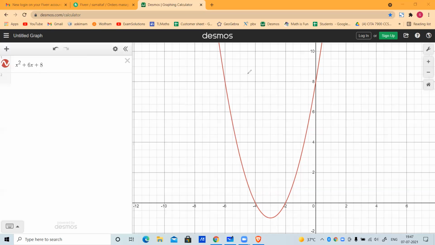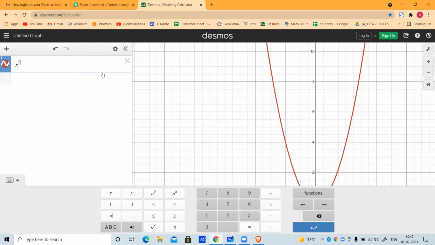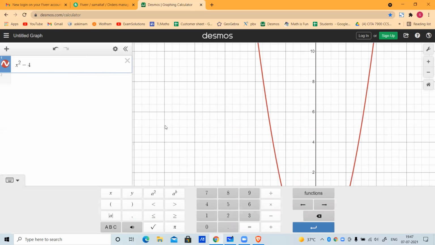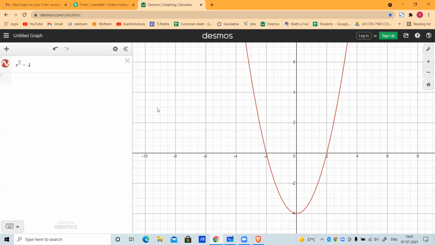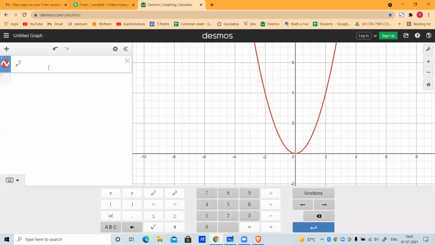But if the equation is x squared, so what is happening is this is not cutting the x-axis, this is touching the x-axis.